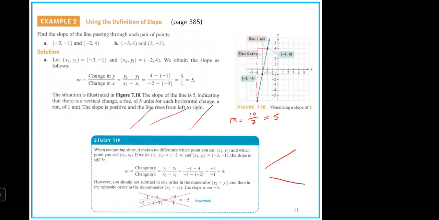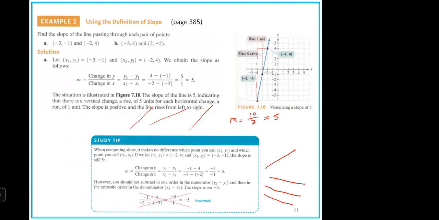So if you have a negative slope, as you move from left to right, it will go down. Lines with a positive slope go upward. So once you look at a line, you can determine right away whether the slope is going to be positive or negative, depending on whether it's falling or rising as you move from left to right.